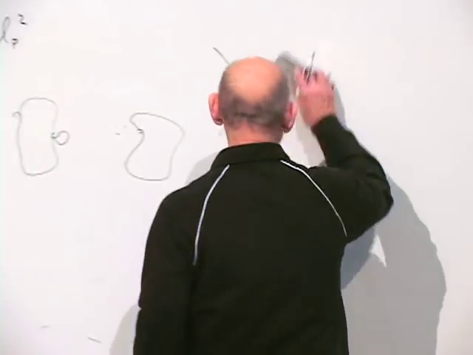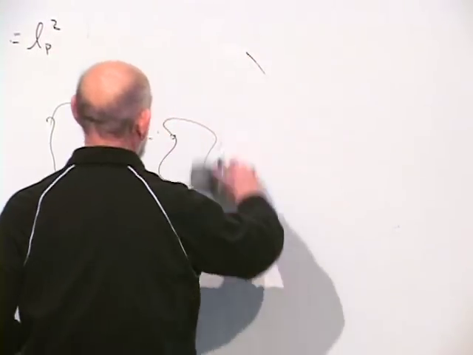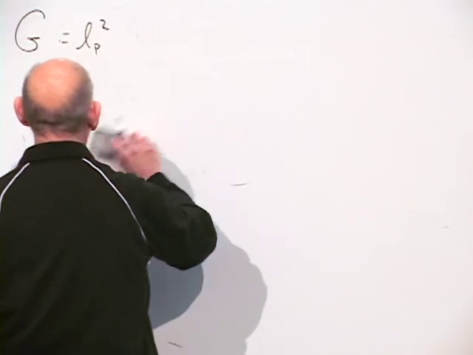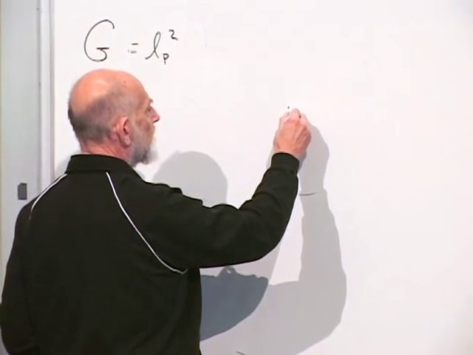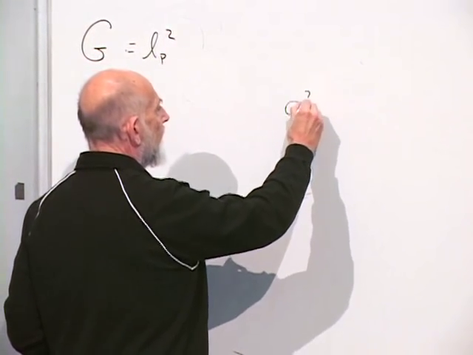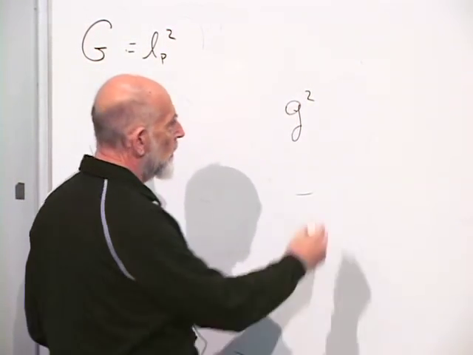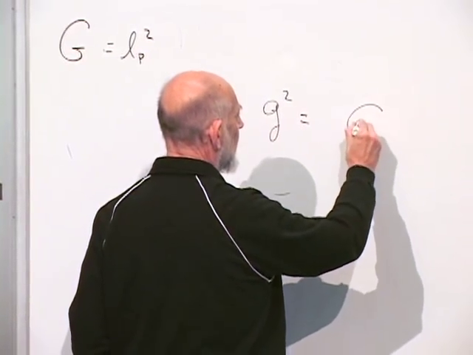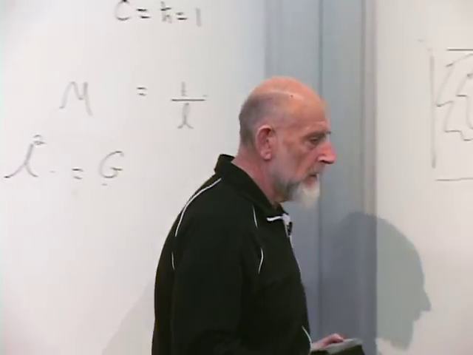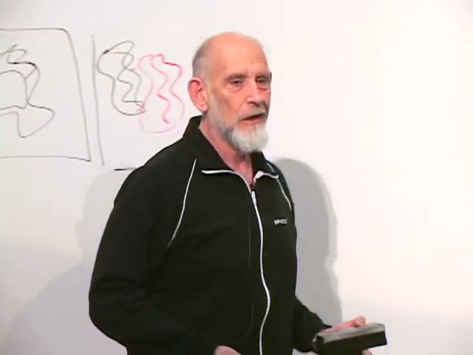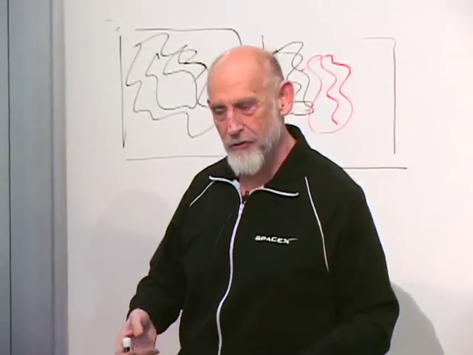All right, so what it must tell us then is that little g squared must be proportional to Newton's constant. Newton's constant is the strength of gravity. Little g is the probability for string breaking.